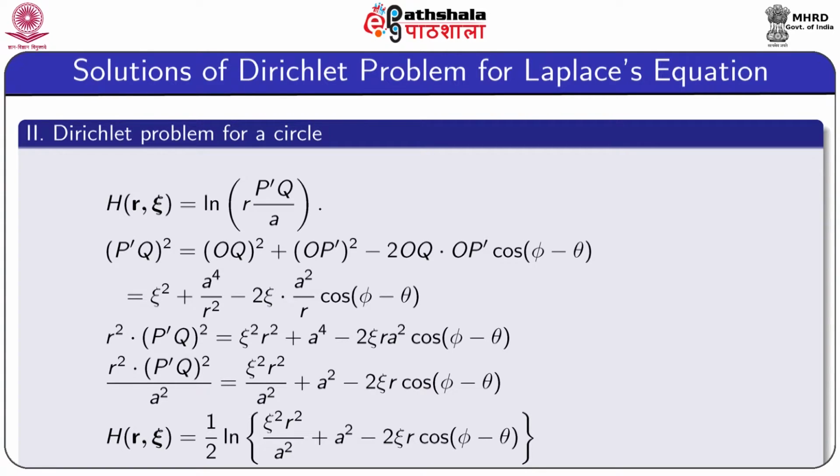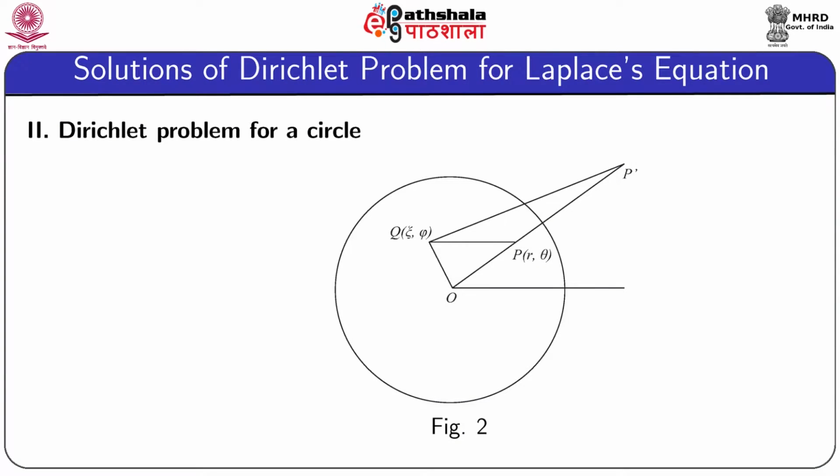So, for that we have to go back to the figure. So, from this figure you can see the value of P dash Q square is equal to OQ square plus OP dash square minus 2 into OQ into OP dash into cos of angle between OP and OQ, which is for this case is phi minus theta.